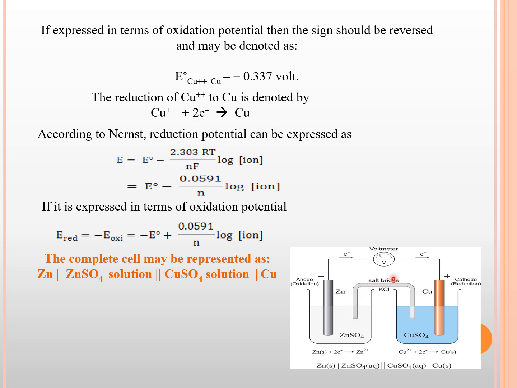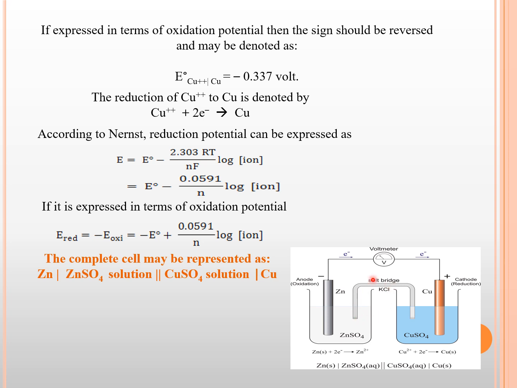This is a salt bridge that connects the two solutions in the two beakers, so that transport of ions takes place through this salt bridge. On the right hand side we have the copper rod, that is the copper electrode, which is dipped in copper sulfate solution. You can see the arrow pointing the flow of electrons, which constitutes the electric current and which is measured by the voltmeter.